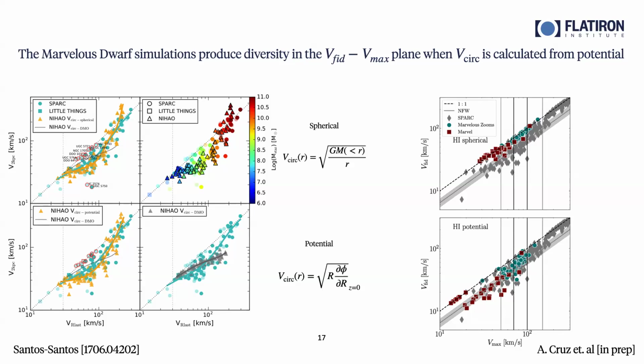So in the spherical symmetry case, I'm actually closer to what's happening in Apostle. This is the NFW prediction, this is SPARC, this is the one-to-one line. I'm really only producing these more steeply rising objects. Now if I go to the case where I calculate the potential, and I use these H1-limited rotation curves, now I can produce, I kept harping on, below 100 kilometers per second, down to 50 kilometers per second.